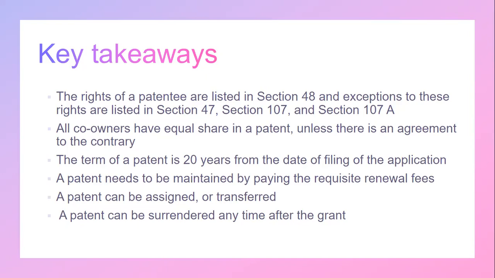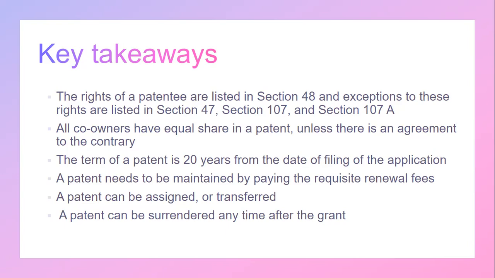I'll just type it out. So these are certain key takeaways. The rights of a patentee are listed in 48. Exceptions are in 47, 107 and 107A. All co-owners have equal share in a patent unless there is an agreement to the contrary. The term of a patent is 20 years from the date of filing of the application.